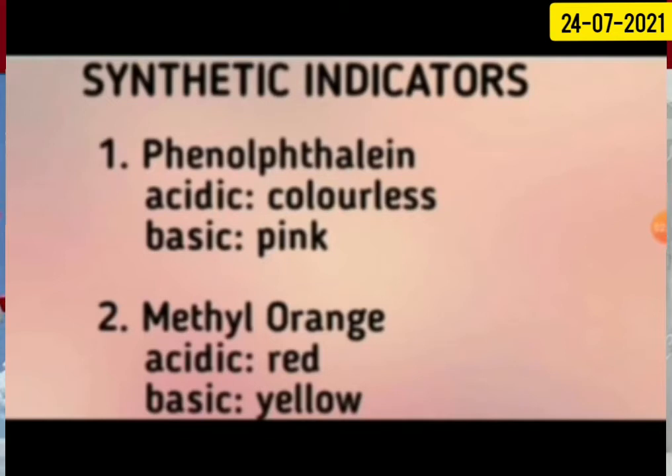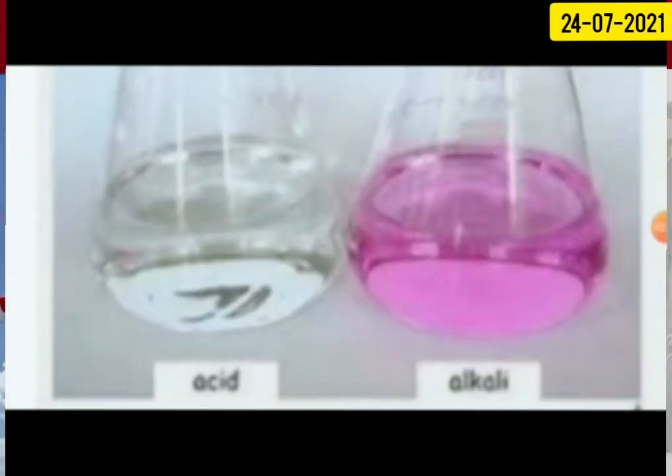The next one is methyl orange. Methyl orange is another indicator. In an acidic solution it will be red, and in a basic solution it will be yellow. Look at this.